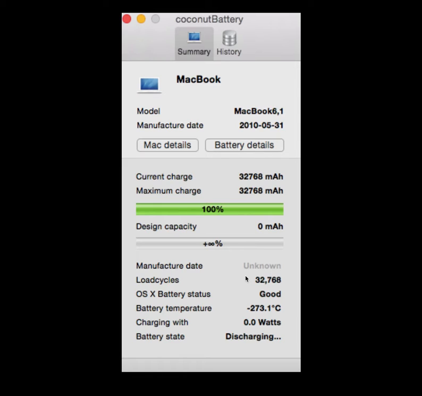So these are not good ones for the customers to get because it'll sort of not make sense. It's worth putting a load cycle onto the battery just to see if it clears it, refreshes it, and then it might be good. But from this, you can only assume it's bad. 32,000 load cycles just makes no sense at all.